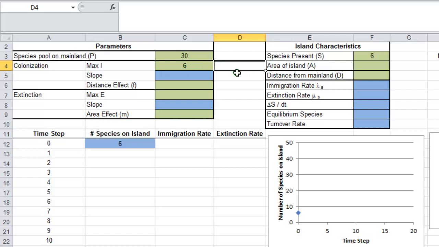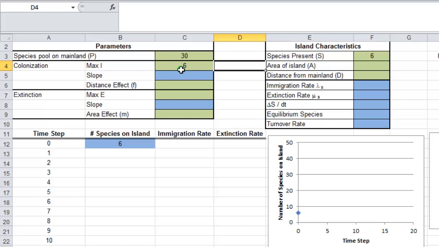So if our island had no species present, how many individual species could actually colonize the island, given that there are 30 in the pool? This number reflects how fragile these organisms are, their dispersal ability, and things of that nature. So 6 is the most that we would expect under ideal conditions.